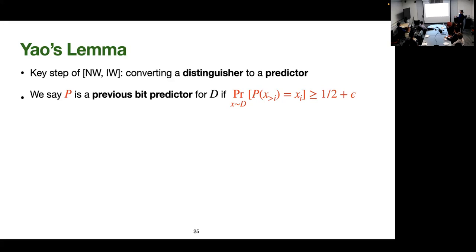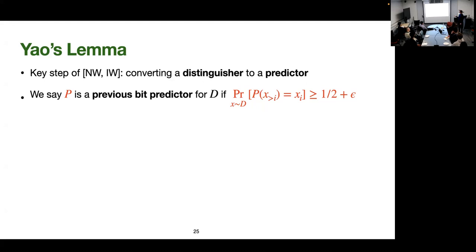We say that a circuit P is a previous bit predictor for a distribution if we sample some X from this distribution, and we give P the final 10 bits of that string, and we ask P to predict the 9th bit of that string. So we give it access to a suffix of the string, and we ask it to predict some bit that we haven't given to it yet.